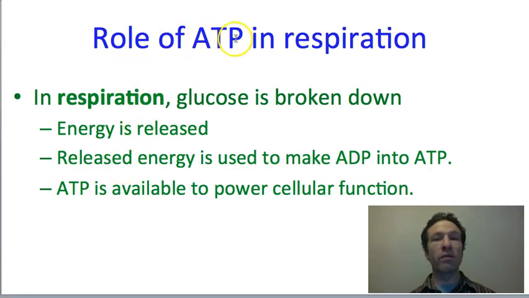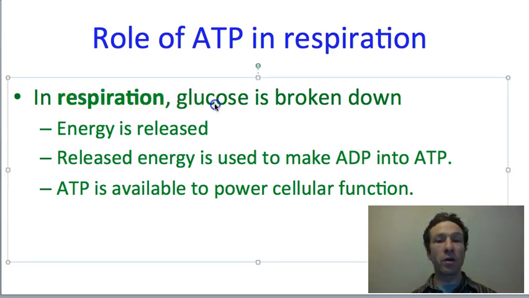Next, we'll look at the role of ATP in respiration. So not surprisingly, what we're going to see is the reverse of what happens in photosynthesis. In respiration, recall, glucose is broken down. The result of this is that energy is released. Well, why is the cell breaking down glucose? It's doing it so it can capture that energy and use it for cellular function, but it can't do that in one step.